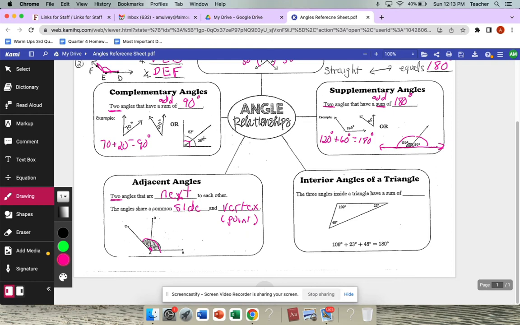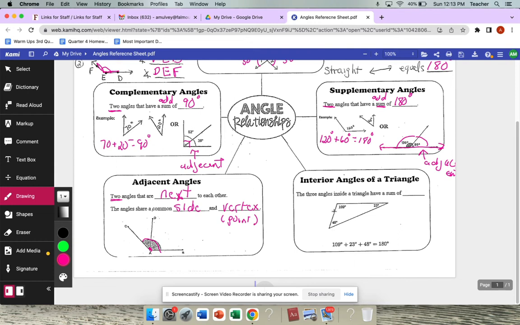So, if you look up at the complementary, these are adjacent because they share a side and a point, and these two are adjacent. Sorry, I can't fit that. So those are examples of adjacent. These two individual angles are not adjacent.